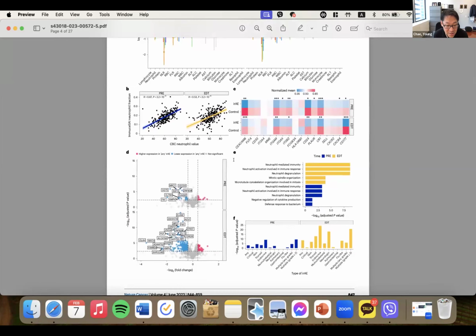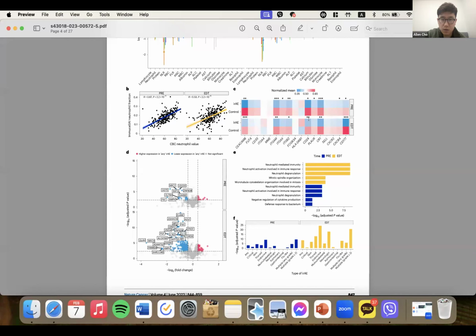Let's say if you look at CCAM8, the blue box in graph C, in IRAE turns less blue, which means that gene is less suppressed. But it's not always like that. I don't see a clear trend. CD177 is actually the opposite. It becomes more blue.